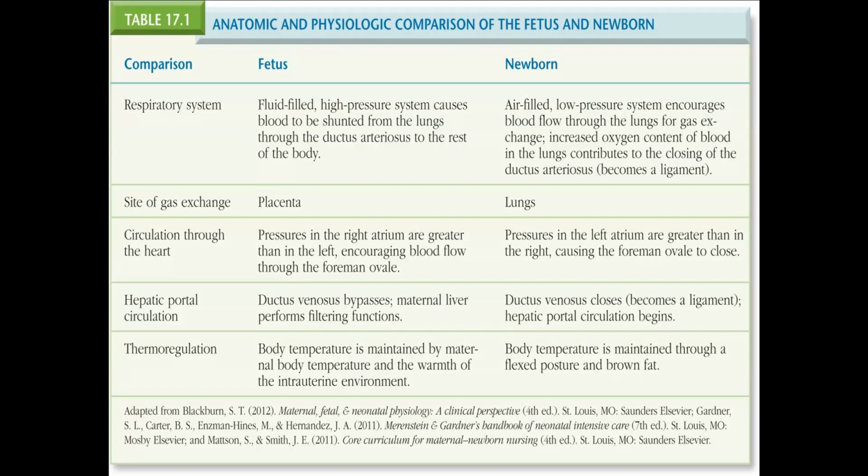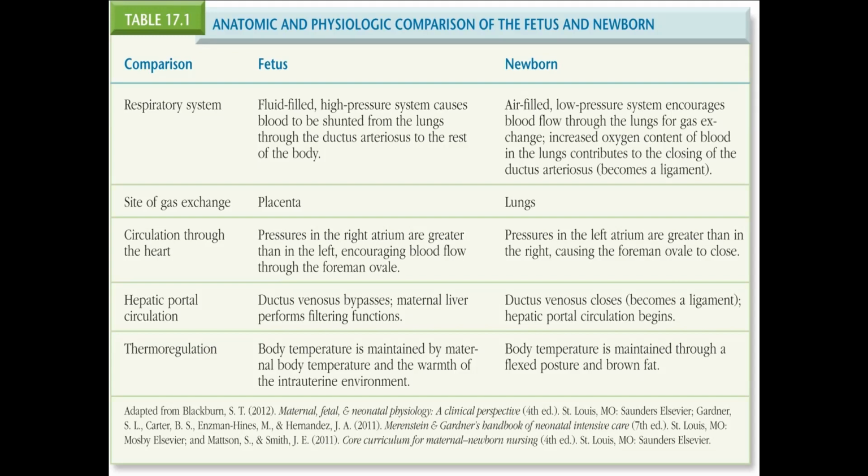So after birth, the lungs now become the site of the gas exchange. We have a lower resistance going into the lungs, so more blood flow is able to go into those lungs, and we have that separation of oxygenated and deoxygenated blood.